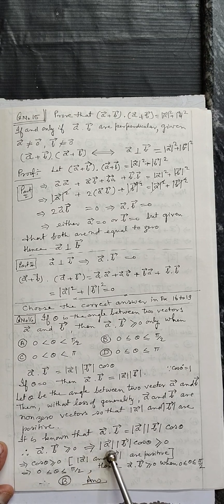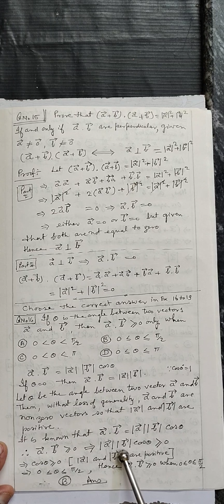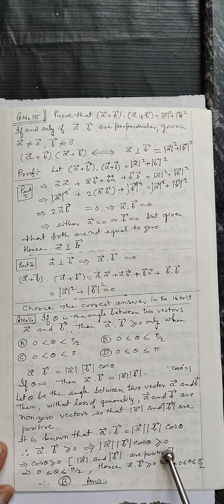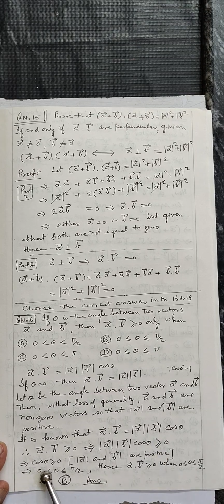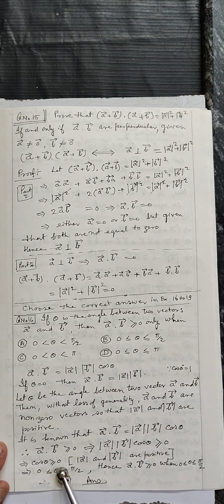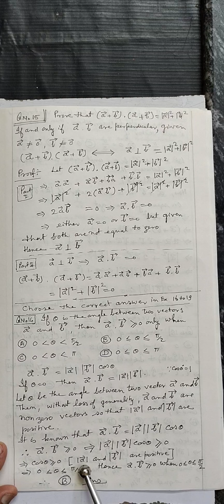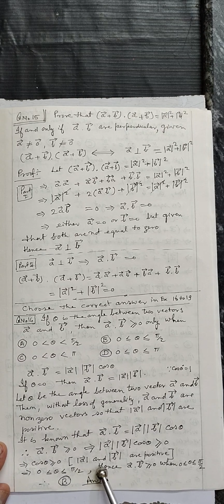Therefore, the vector A dot vector B is greater than or equal to 0. This implies that the magnitude of A into the magnitude of B cos theta is greater than or equal to 0. So cos theta is greater than or equal to 0, since the magnitudes of vector A and vector B are positive.